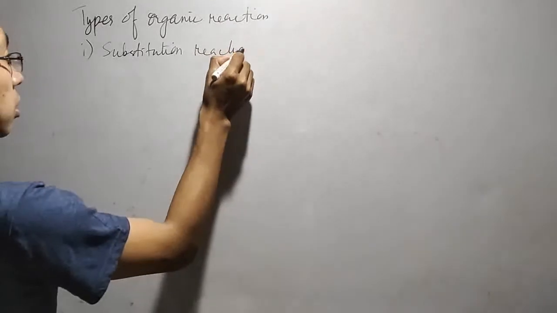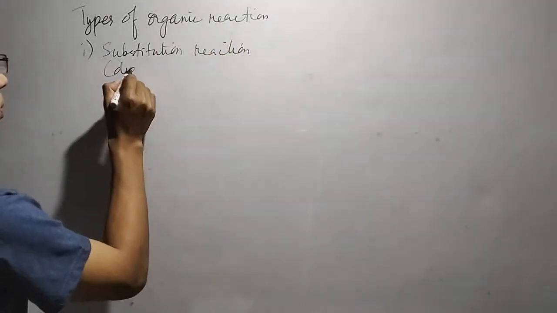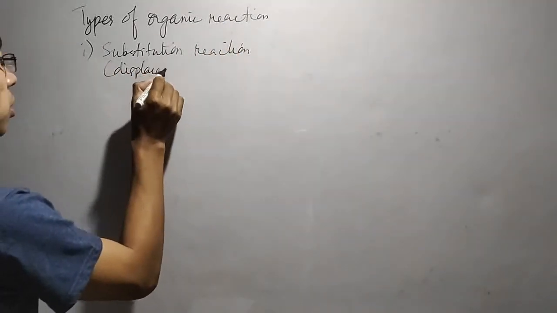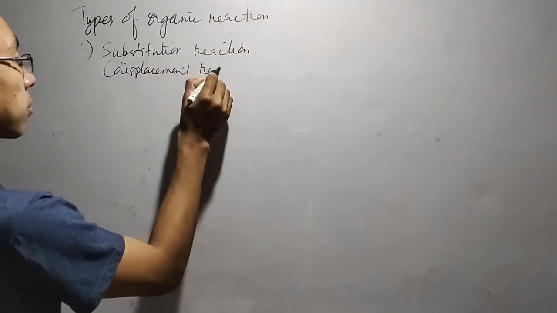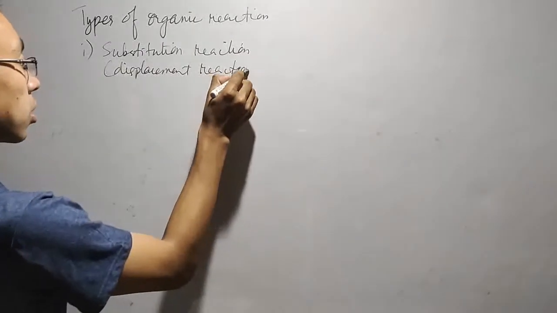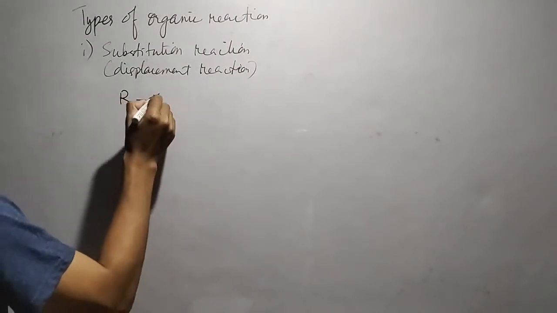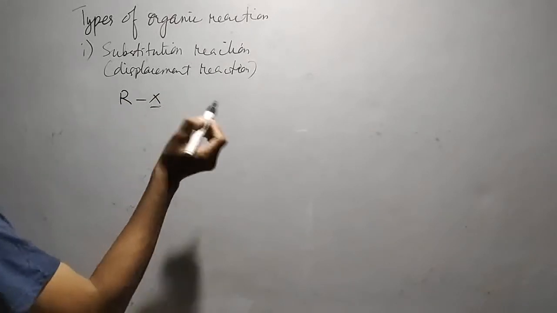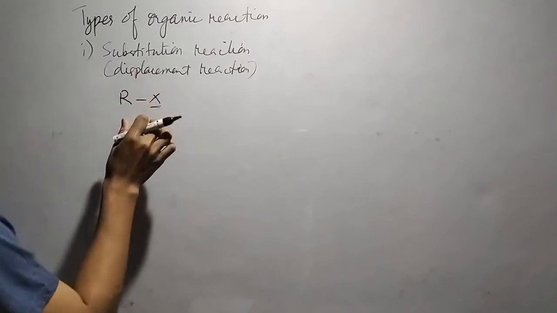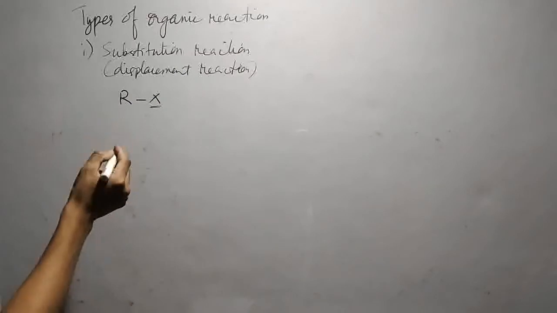It is also called displacement reaction. Now in this type of reaction, what happens? The leaving group is substituted, or one atom is replaced by another atom. That is called the substitution.